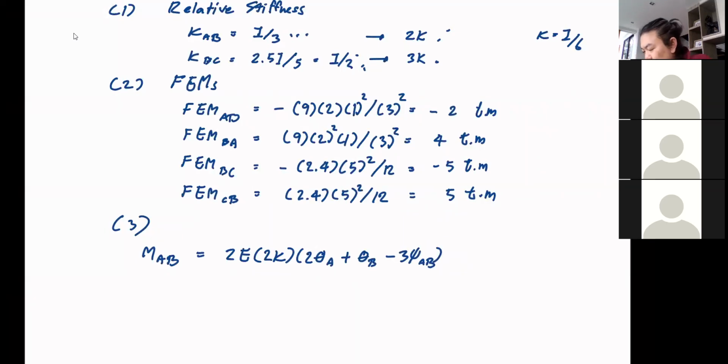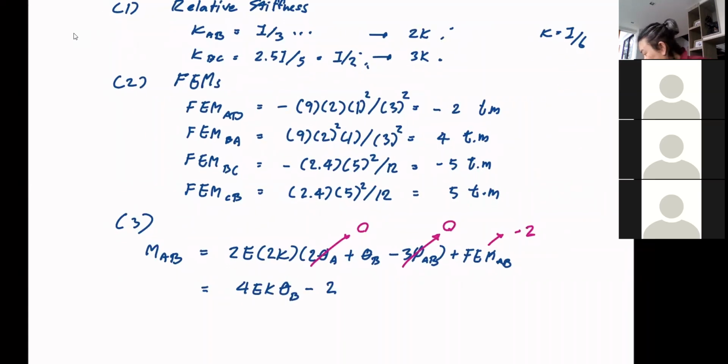And I can just write my fixed end moment right away, or I can wait, FEM AB. Theta A is 0, we don't have any joint displacement so psi is 0, and this one is minus 2. So the equation becomes 4EK theta B minus 2. Pretty simple, right? Oh, I should write the name here, SD equations.